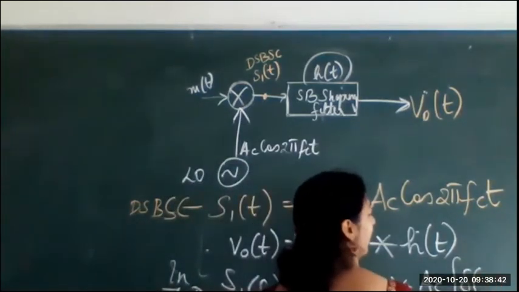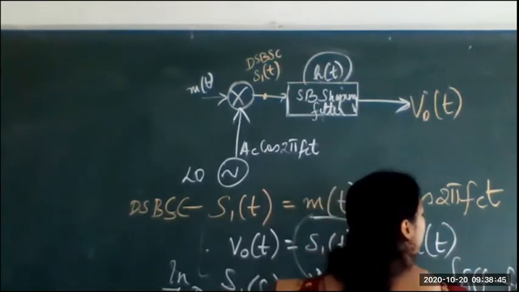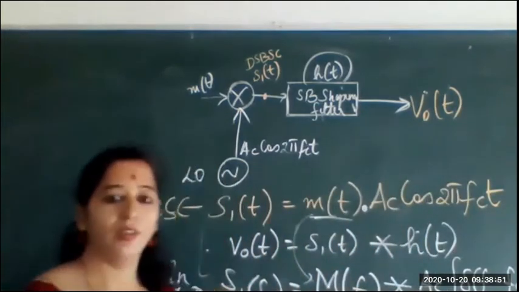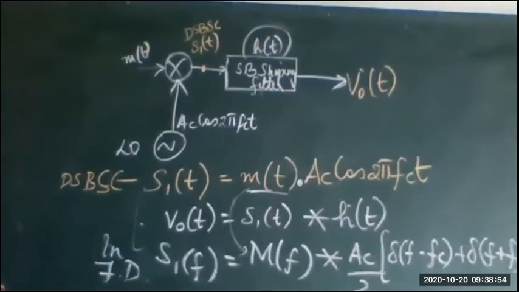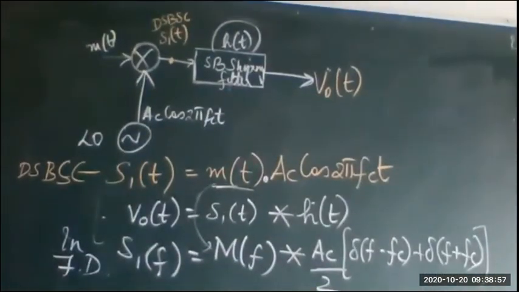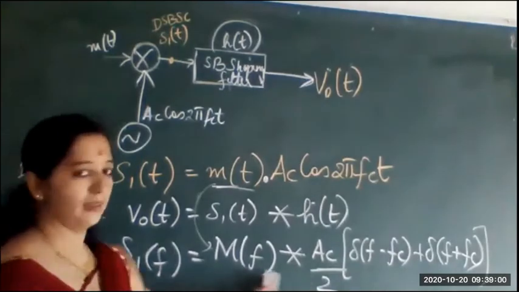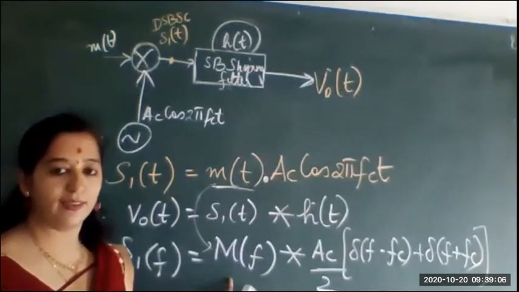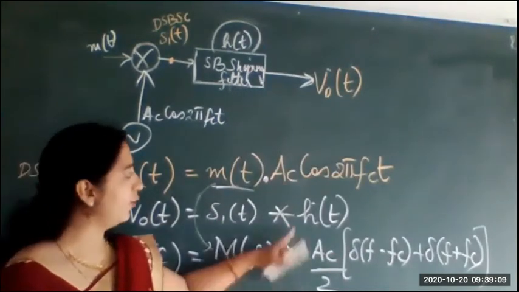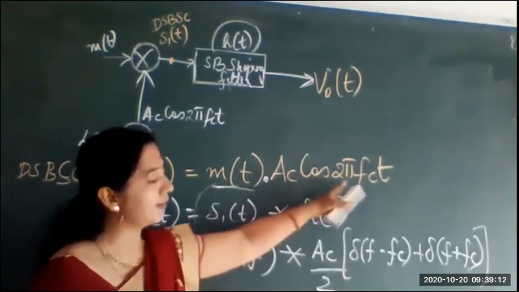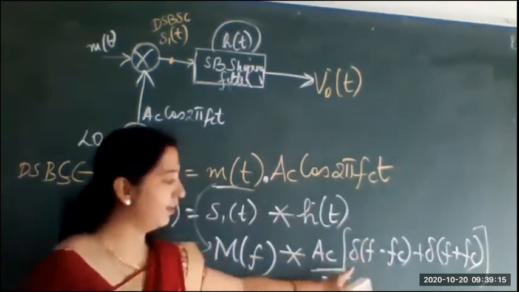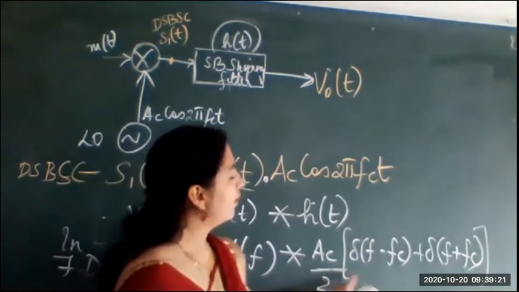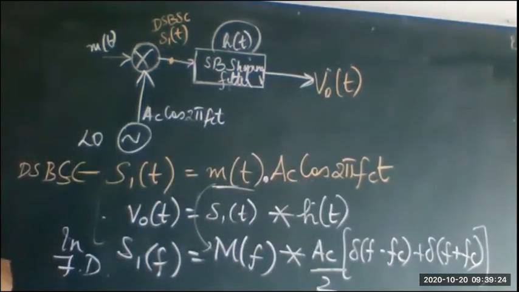It is delta f minus fc plus delta f plus fc, by 2. So this becomes M of f, conversion of M of t to frequency domain, product becomes convolution. Ac I'll keep as it is. Cos 2 pi fct in frequency domain is delta f minus fc plus delta f plus fc, and the whole thing divided by 2.